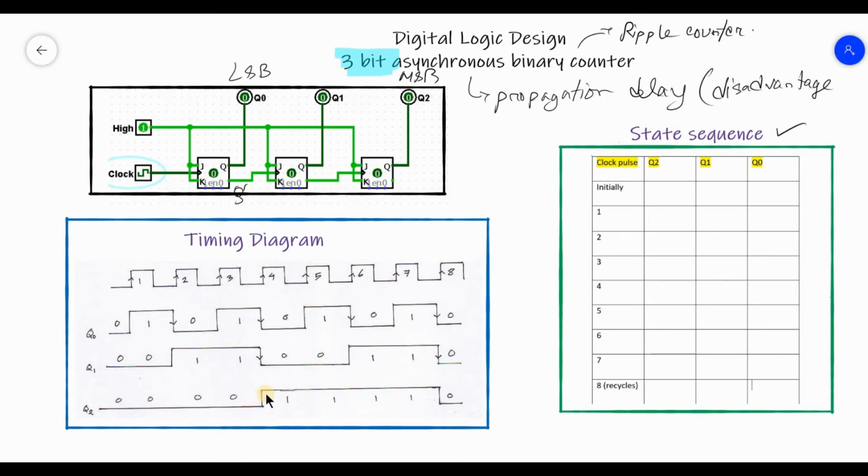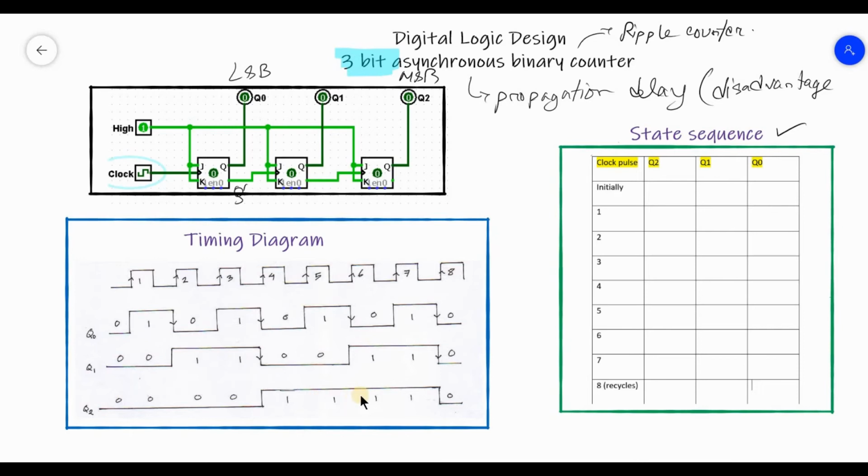So the increasing clock duration can be understood easily due to the asynchronous property of this counter. The propagation delay disadvantage can be easily proved with this timing diagram.